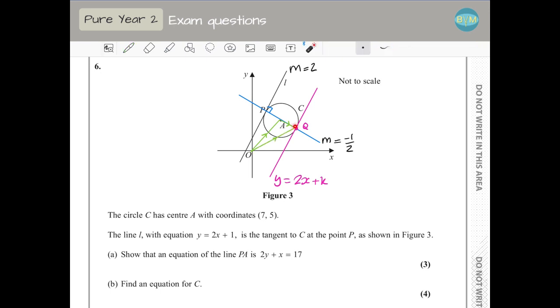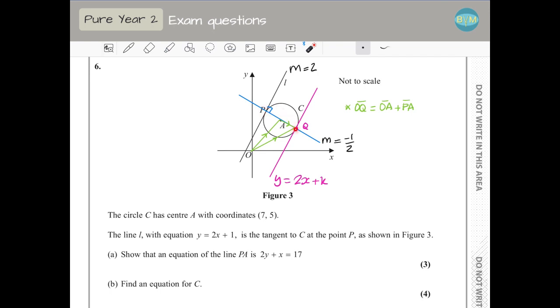So OQ is OA plus AQ. We don't know AQ because we don't know Q, but we know that it's equal to PA. So OQ is going to be equal to OA plus PA. We can work with the vectors, and then OQ will give us the coordinates of Q. That's one way, and the way that I would recommend is to use A as a midpoint between these two.